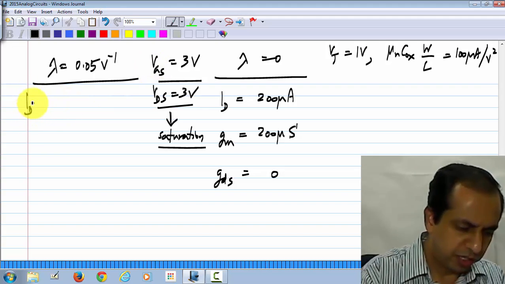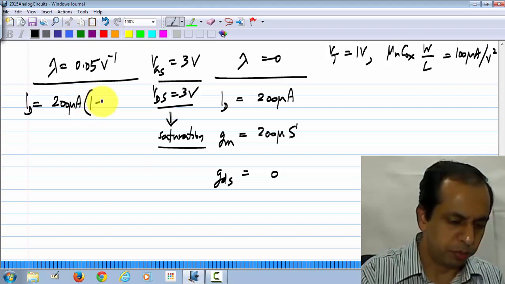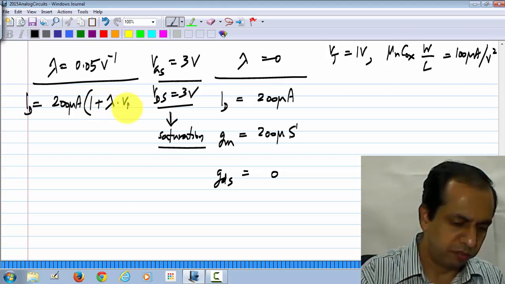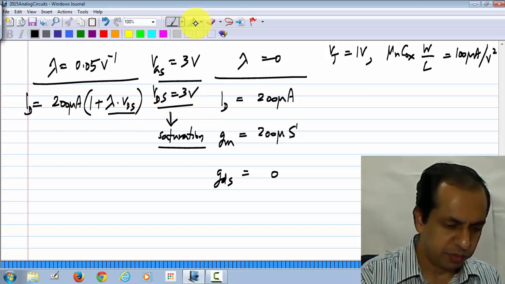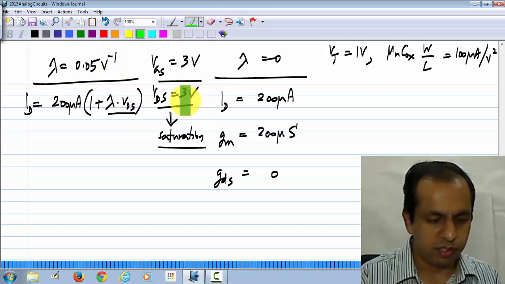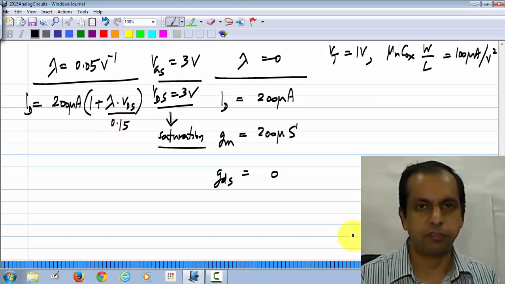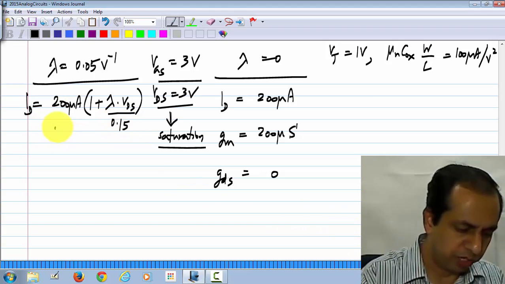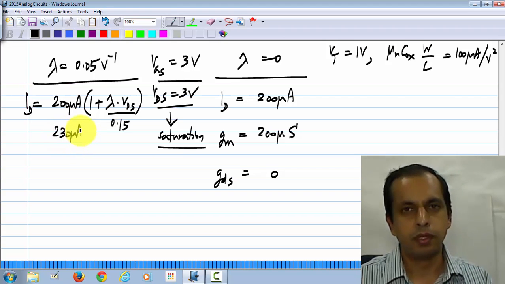Okay. Now, if I take this lambda value 0.05 volt inverse, what do I get? I get ID to be whatever I got from the original expression times 1 plus lambda VDS, and lambda VDS in this case is 0.05 volt inverse times 3. So, this is 0.15. Okay. So, the actual value of ID turns out to be 230 microamperes. Okay.